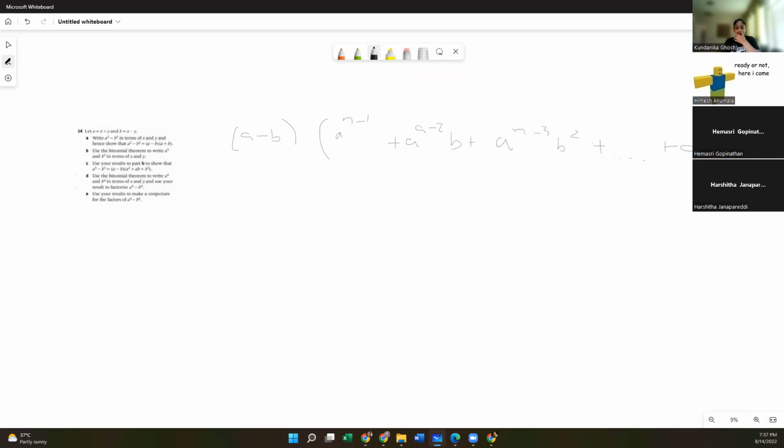Okay. So, Hamash, do you have the solutions for A, C, and D written out? Yeah. Okay. So do you see how A squared minus B squared, A cubed minus B cubed, and A to the power 4 minus B to the power 4, they all have a common term of A minus B, correct? Yeah.